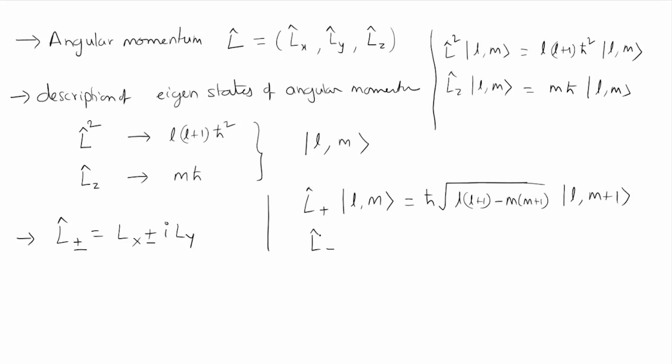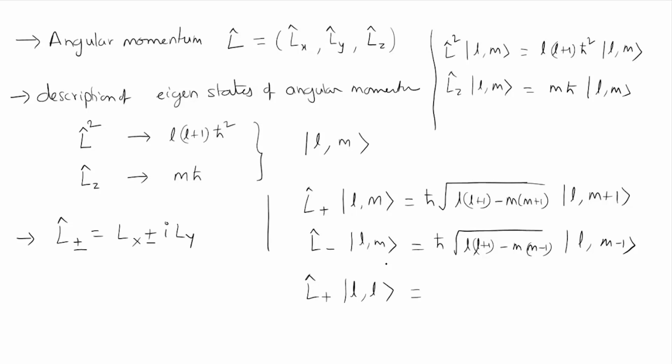There is also a lowering. We have the |l,m> state, and h cross times the appropriate square root factor, (l plus m)(l minus m plus 1), |l,m-1>. It lowers. And if you have a state, I'm sure you all know, |l,l>, it cannot rise anymore.